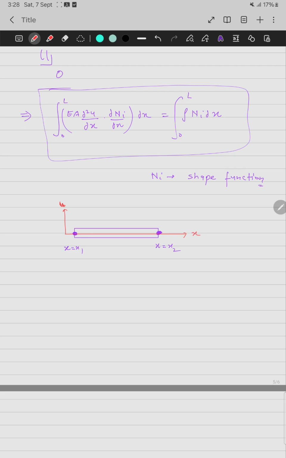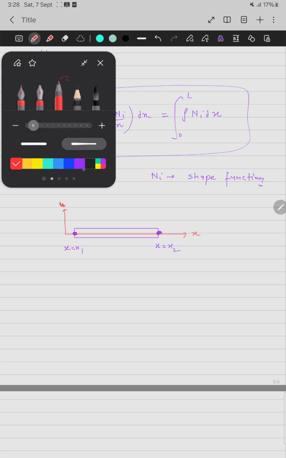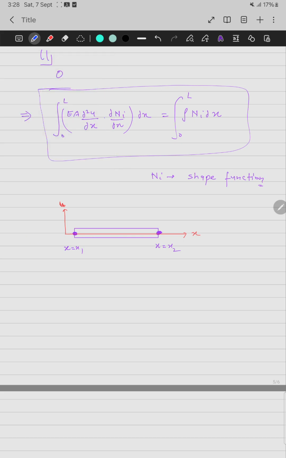What I'm trying to show here is, let's say at point x1 the node has some displacement, with some magnitude, and at the other point we have its own displacement.